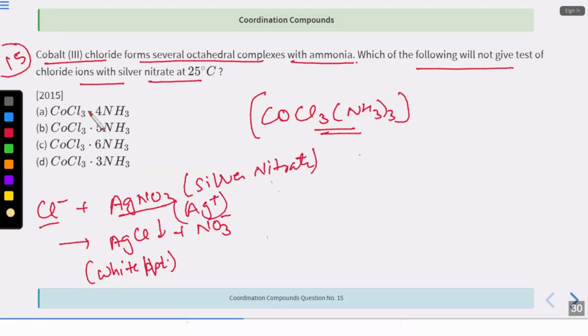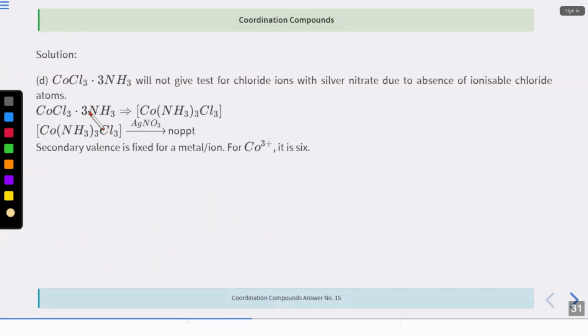So which of the following will not give the test of chloride ions with silver nitrate at 25 degrees Celsius? Let's see which one, because it is saying that CoCl3·3NH3 will not give the test for chloride ions with silver nitrate due to absence of ionizable chloride atoms. Why so?